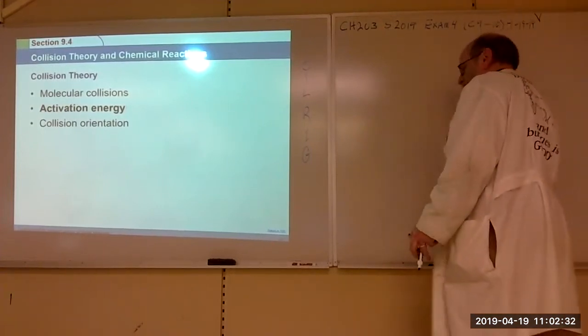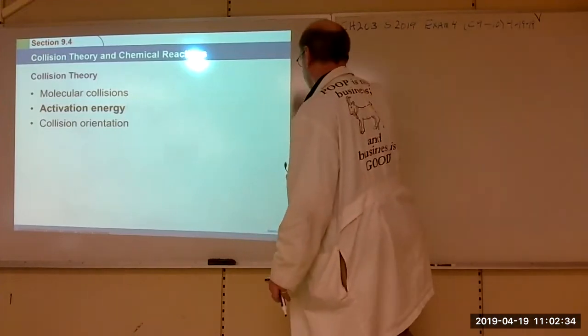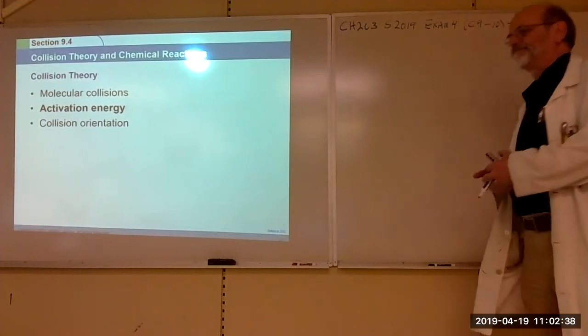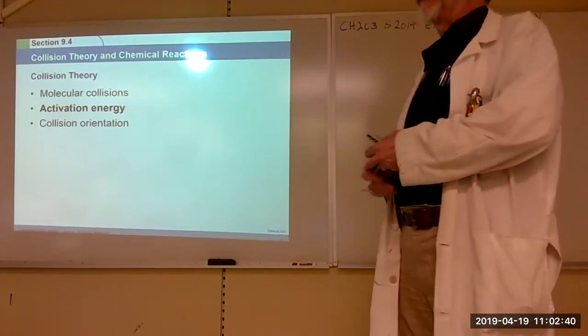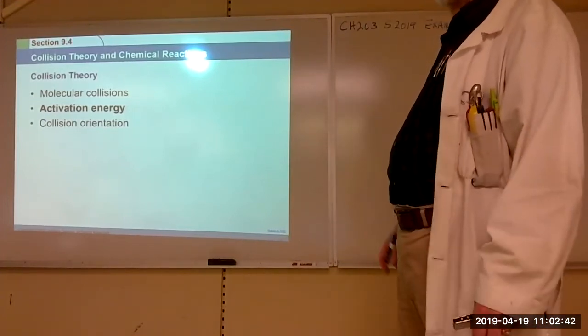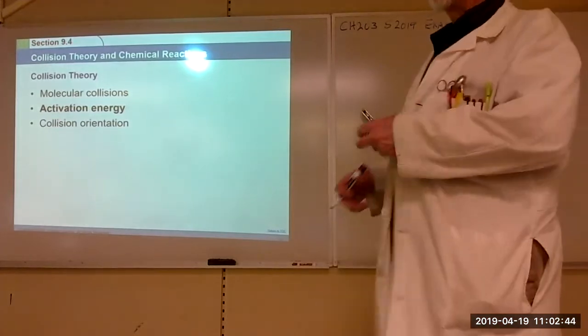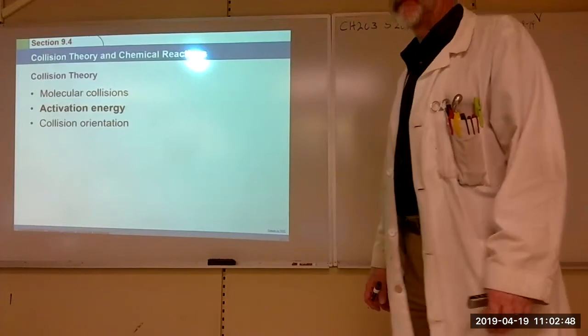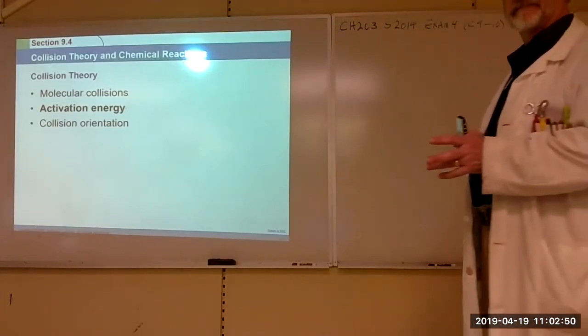So we're going to talk about chemical reactions in terms of theory, actually. And remember, a theory tries to explain why something happens. In other words, we need a model.